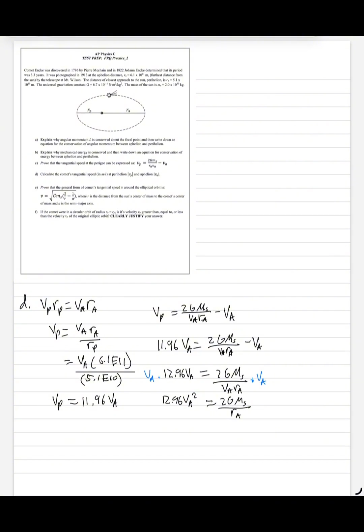Things on the right side are all constant, so I can plug in the numbers.